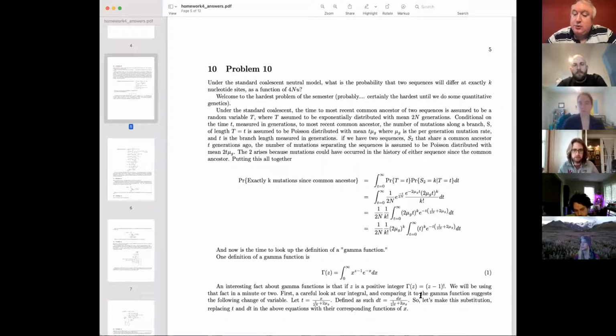And it also turns out that a gamma function is actually a generalization of a factorial to real numbers. So if you put an integer in a gamma function, you get nothing other than that integer minus 1 factorial. So this ugly integral is going to become a gamma function of an integer that you're then going to replace with a factorial.